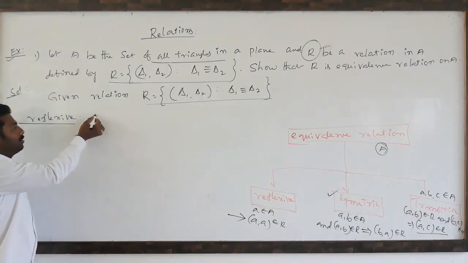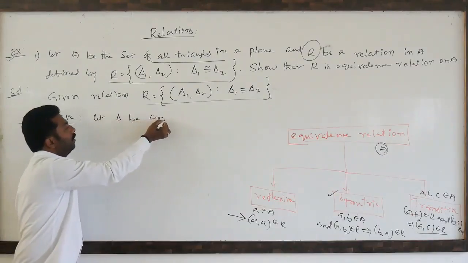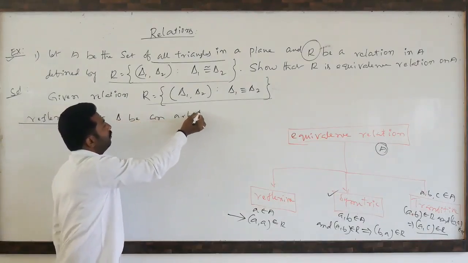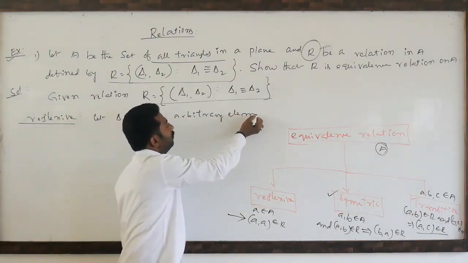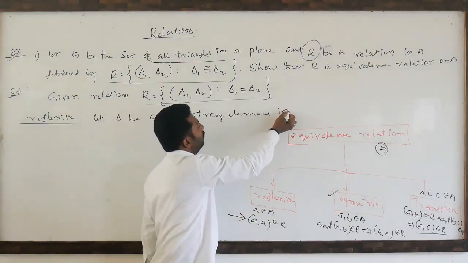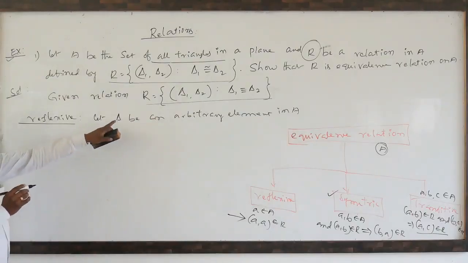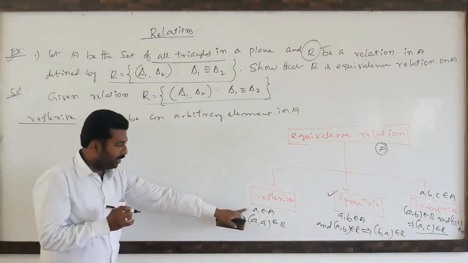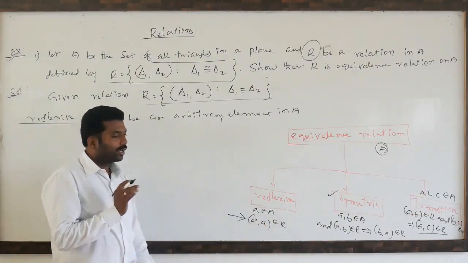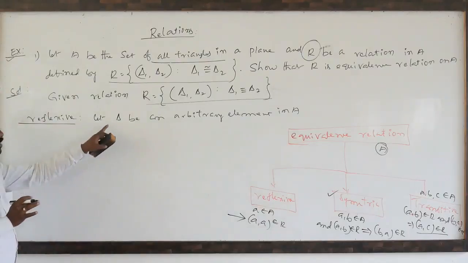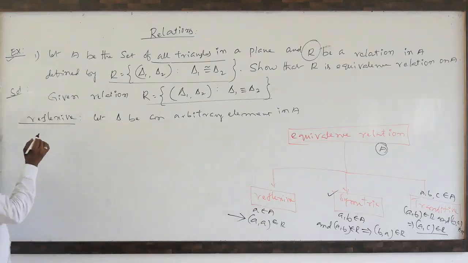So let delta be an arbitrary element in capital A. We have to prove there is a relation between delta and itself.